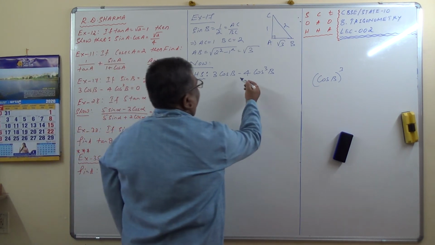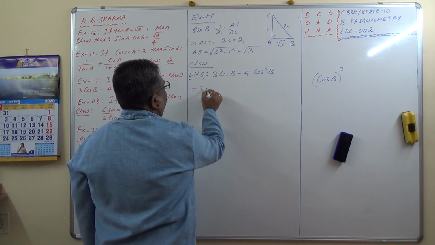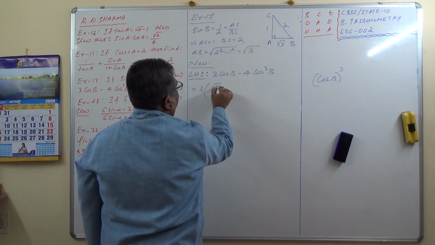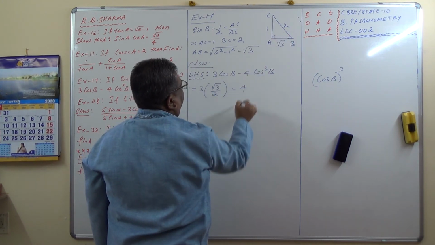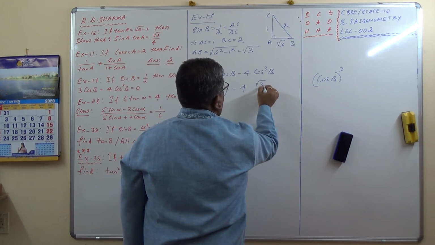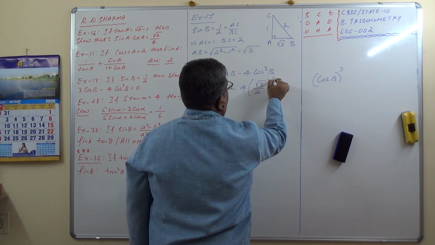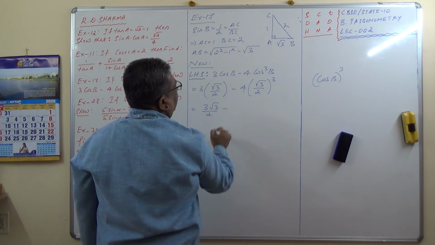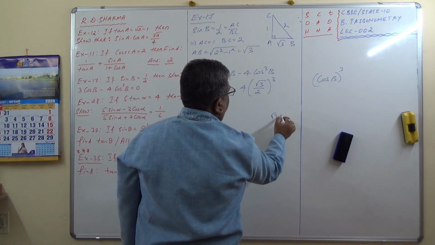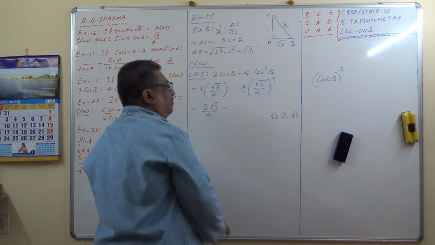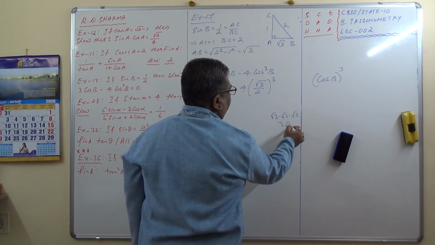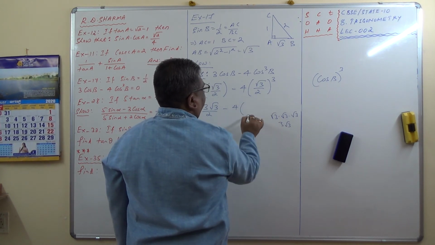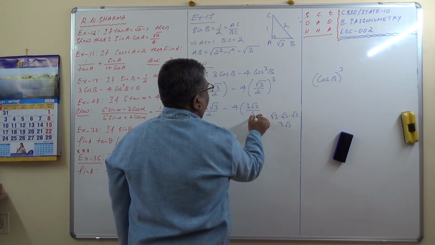So 3 cos B minus 4 cos cube B: 3 times cos B, where cos B equals root 3 by 2, minus 4 times cos cube B, root 3 by 2 the whole bracket cube, which equals 3 root 3 by 2 minus root 3 into root 3 into root 3 can be written as 3 root 3, and this is 8. 4 times 3 root 3 divided by 8.